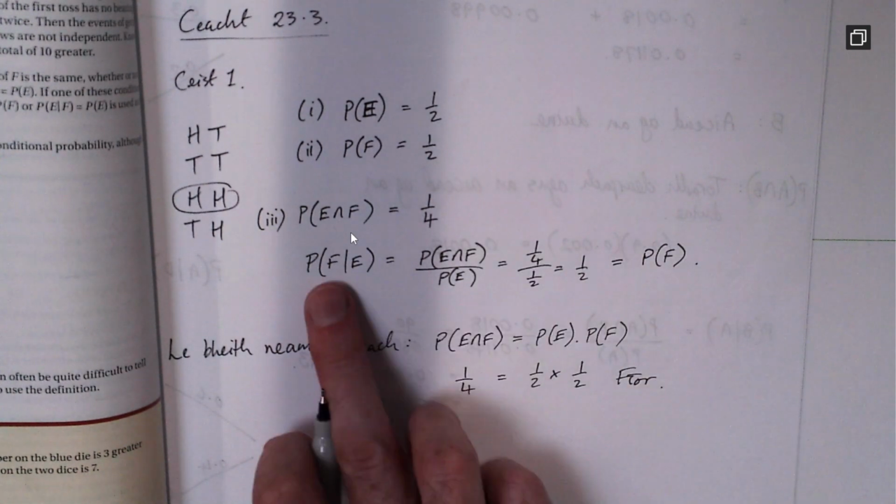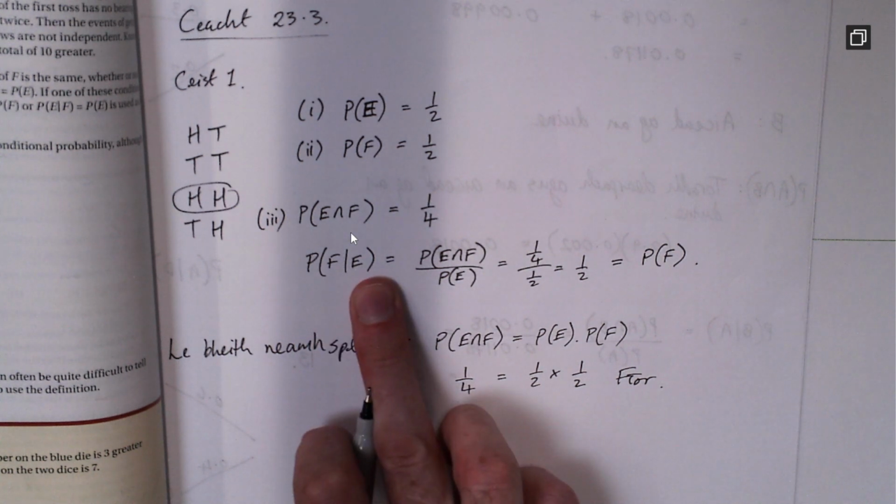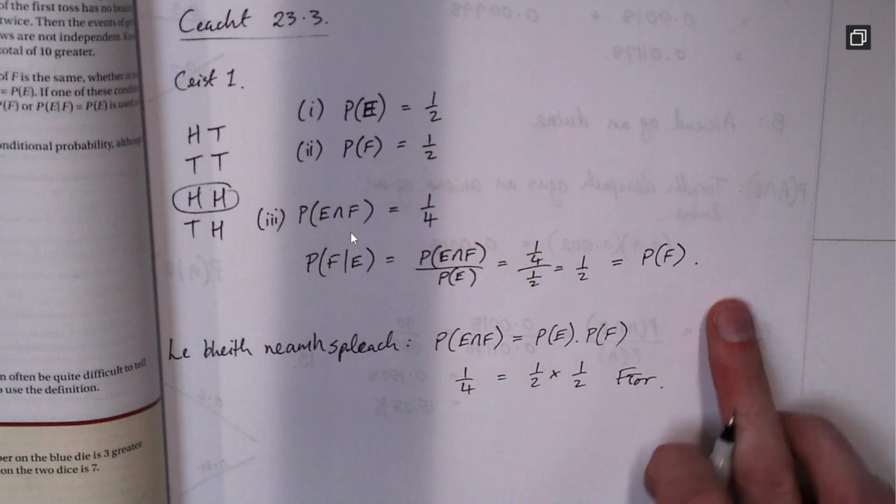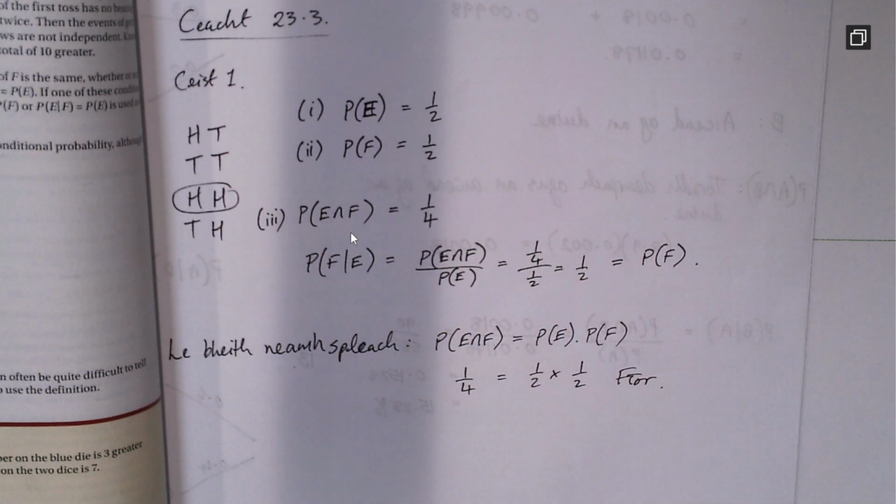So because the probability of F given that E occurs is equal to half, which is equal to the probability of F, then they are independent.